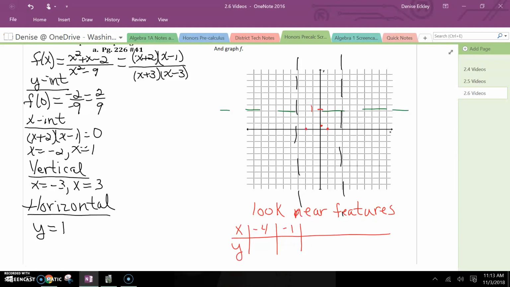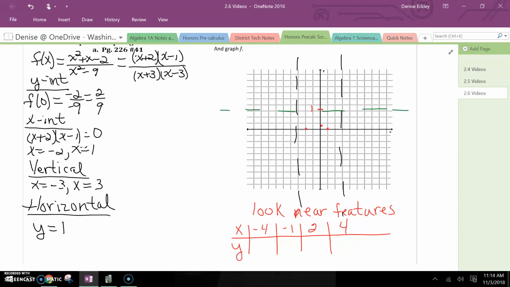Then we have our y-intercept at 0. And I want to look on the other side of our next x-intercept. We have an intercept at 1, so then I go to 2 on the other side of that. And then I want to look on the other side of the vertical asymptote, which is 3, so I look at 4. So I have a point on either side of all of the features that pass over the x-axis.